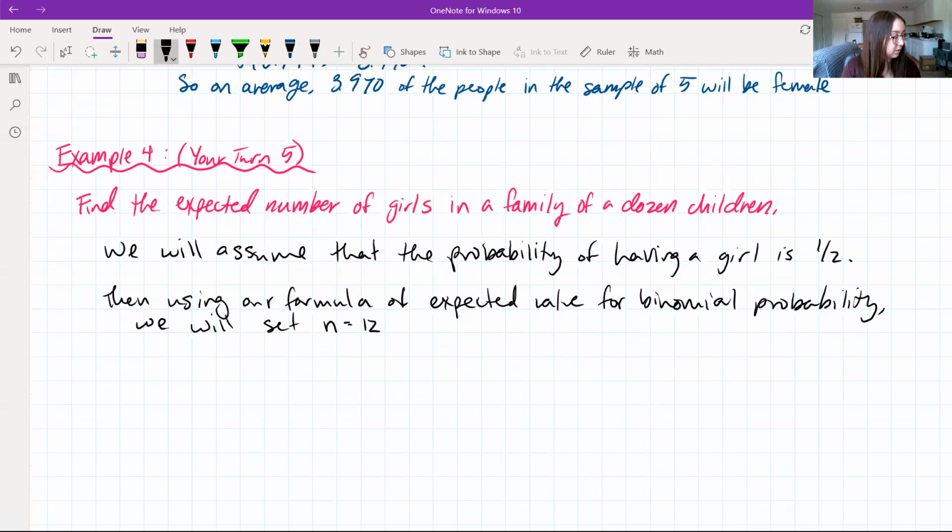So our n is equal to 12. And our probability is 1/2.